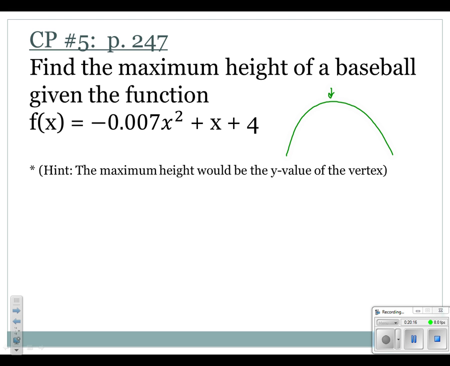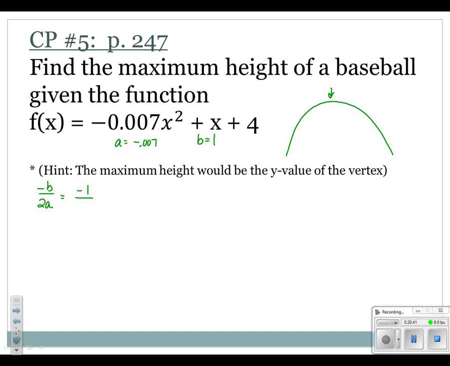B is the coefficient of my x term, so in this case it's a 1. A is the coefficient of my x squared term, so -0.007. Don't let the decimal throw you, just use it. To find the x value of my vertex, I need -b over 2a.